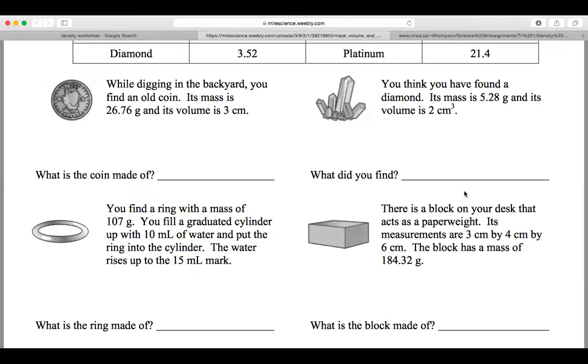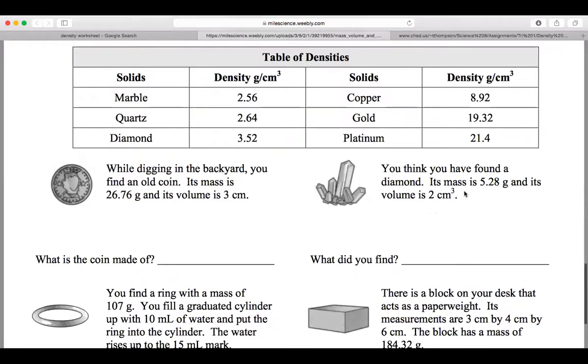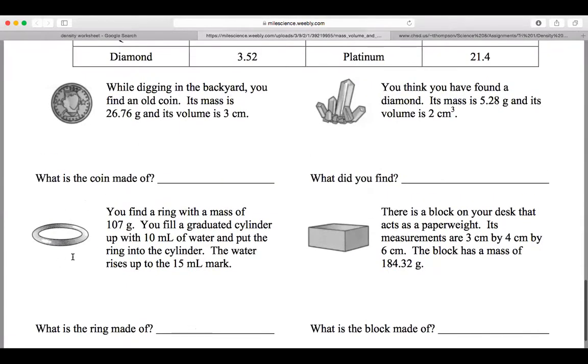The last one: a block on your desk acts as a paperweight, measuring 3 by 4 by 6. What is the material made of? 184.32 divided by 3 times 4 times 6, I get 2.56, which is marble. So C is platinum, right? Yeah, the ring is platinum.